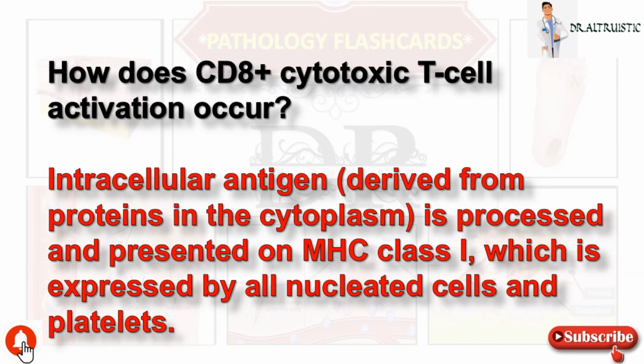How does CD8 plus cytotoxic T cell activation occur? Intracellular antigen, derived from proteins in the cytoplasm, is processed and presented on MHC class I, which is expressed by all nucleated cells and platelets.